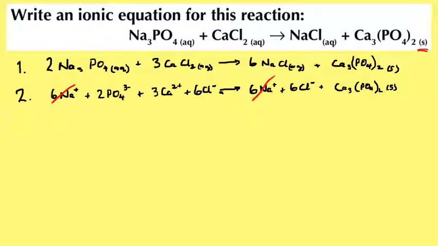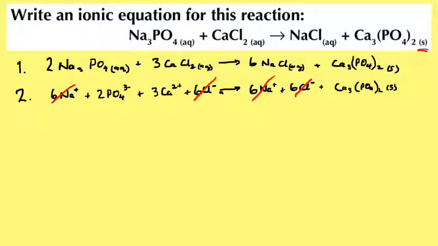So we're not going to cross these 2 phosphate ions out. And that applies also to the calcium ions, because they're in solution on the left-hand side of the equation, the reactants side of the equation, and yet they're in a solid precipitate on the right-hand side, the products side. So we're going to leave the calciums there, and the 6 chlorides are on both sides, so we can cross the 6 chlorides out, and that's all the crossing out we need to do.